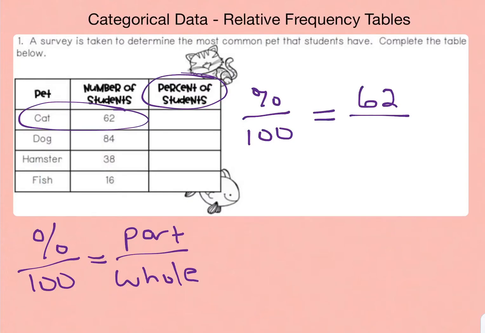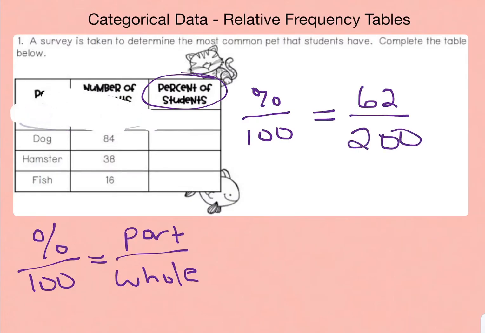What would the whole amount be for this table? The whole would be 200. What we have to do is add up all the numbers of students to find that total. So 62 plus 84 plus 38 plus 16 gives you 200. And we like that number because that number will be easy to work with our 100 for the percent.